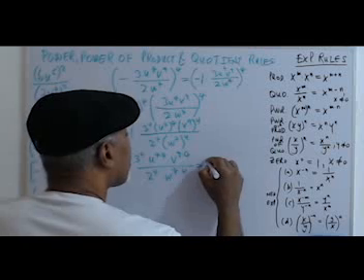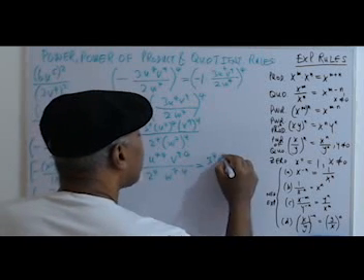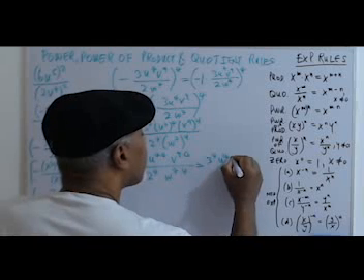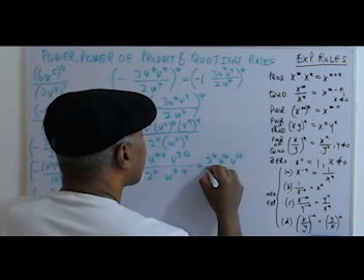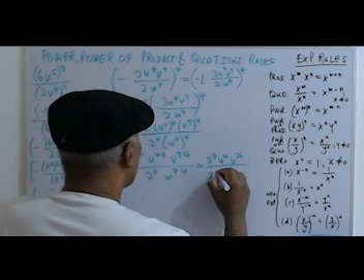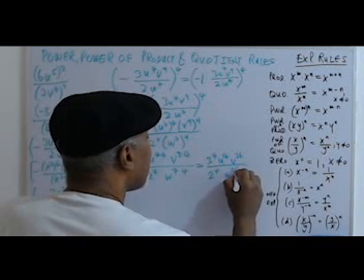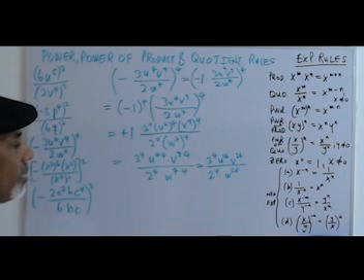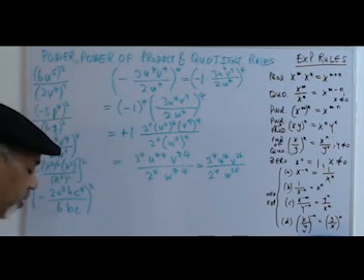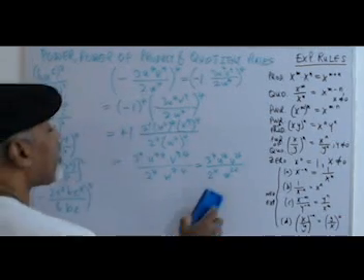And that's 3 to the 4 times u to the 16th, v to the 36, over 2 to the 4th times w to the 28th. Now there is nothing to do to simplify that. That's the end of it.